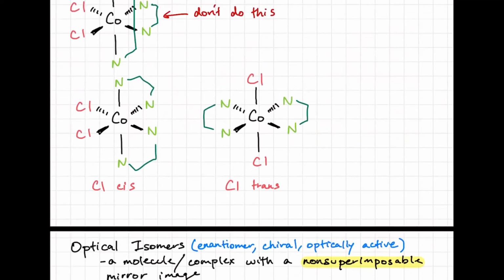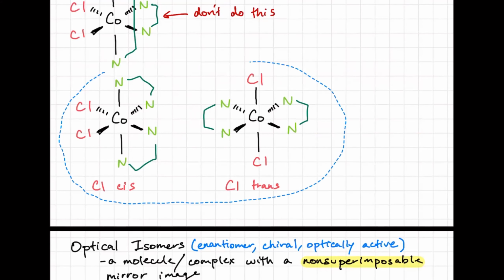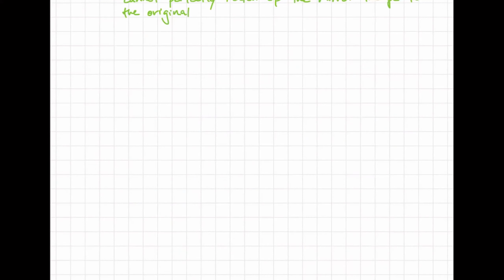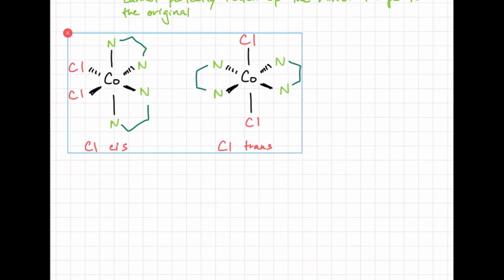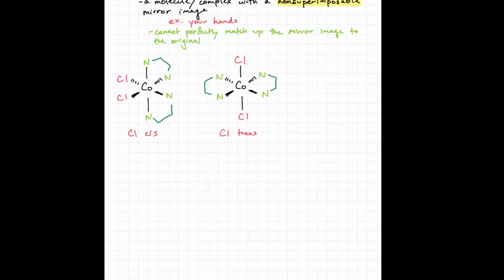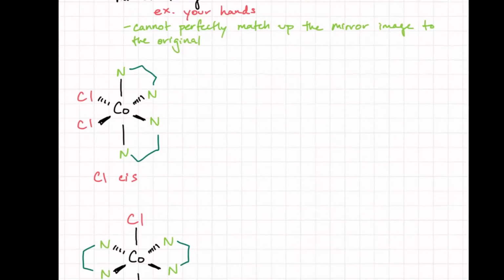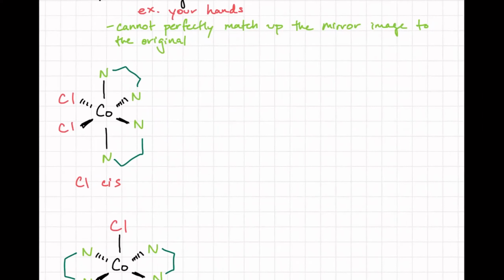And so what I'm going to do is copy, I'm sorry for those who are taking notes on pen and paper, these two compounds that we drew earlier. I'm going to call this section testing for optical isomers.